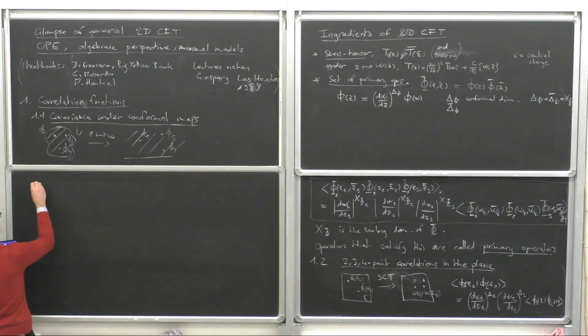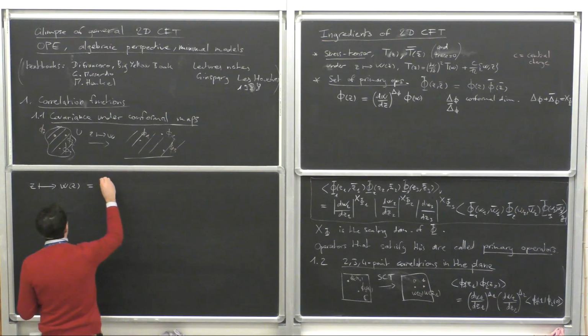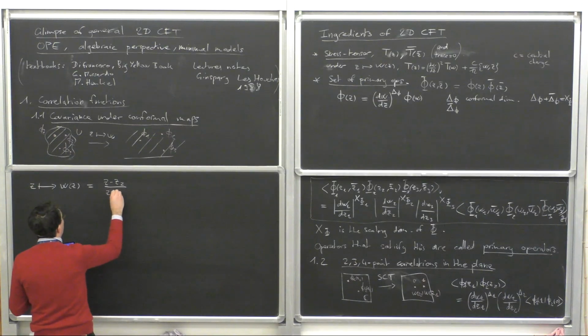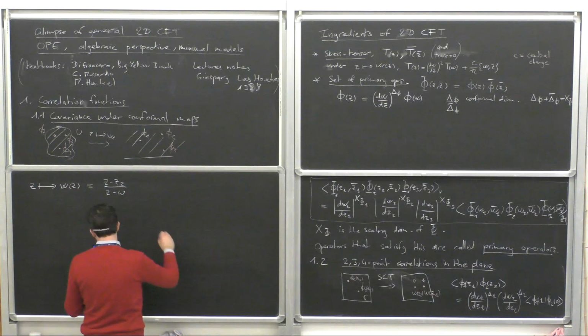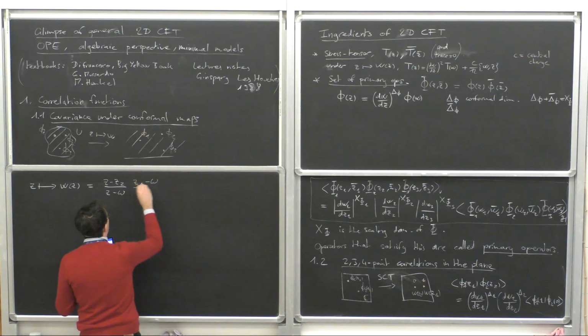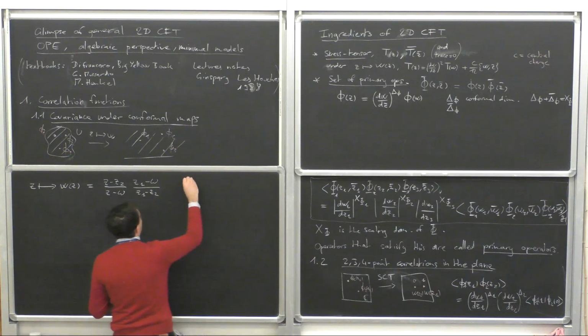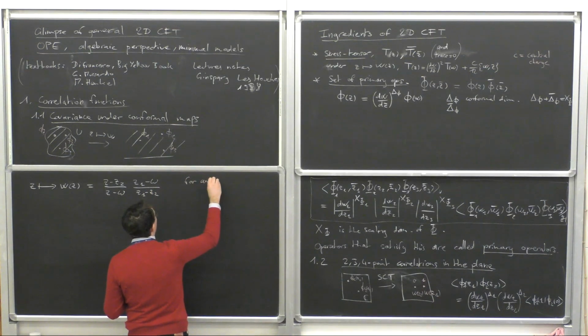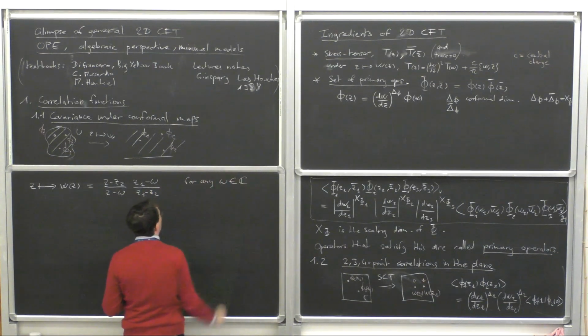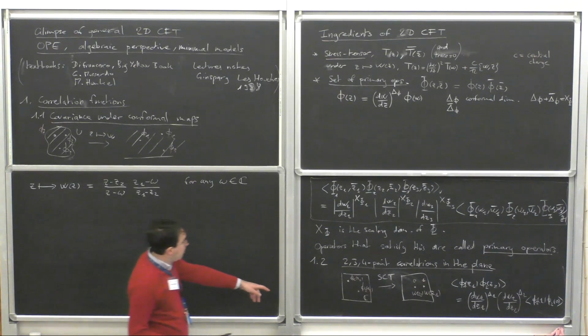But in fact, the map w is not unique, because there are several special conformal transformations that do the job. So for any omega in the complex plane C, you see that this map is going to do what I am advertising here.